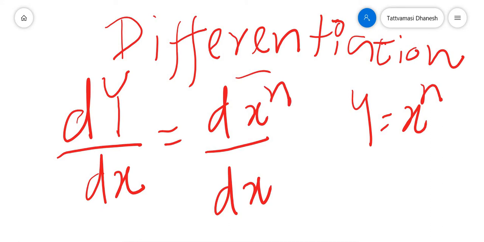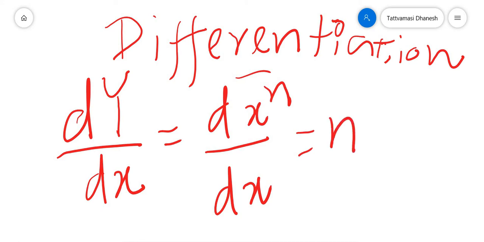This is the most important formula, which you usually use in calculus. This is equal to n x raised to n minus 1. Very important. d by dx of x raised to n: if y is x raised to n, the formula is n x raised to n minus 1.